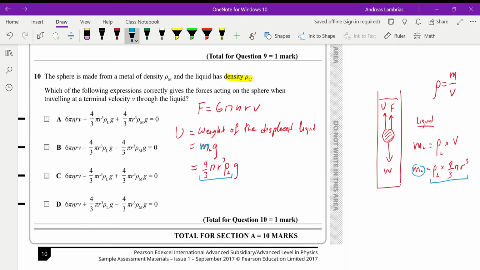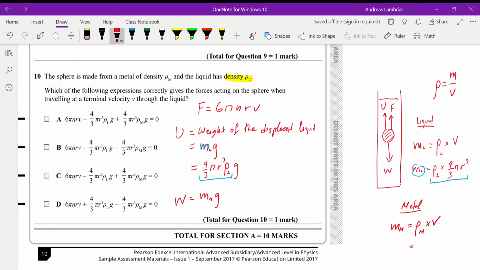Now something similar I'm doing for the weight. So now we're going to find the weight. This is the weight of the actual sphere. Like before, it is the mass of the metal times g. We're doing something similar to what we did with the liquid. The mass of the metal is equal to the density of the metal times the volume, and the volume again is the volume of the sphere.